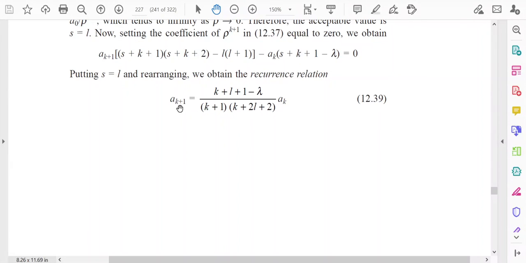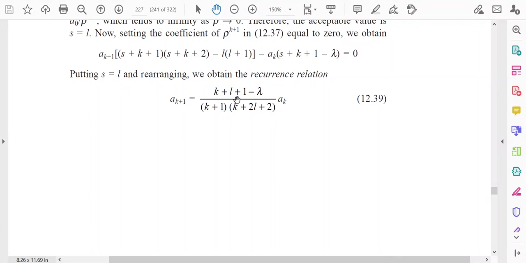The left hand side is Ak plus 1 by Ak, and the right hand side is k plus l plus 1 minus lambda divided by this. So this can be made 0 when the numerator is 0. If the numerator is 0, then the term Ak plus 1 for a particular value of k, suppose nr, becomes 0.